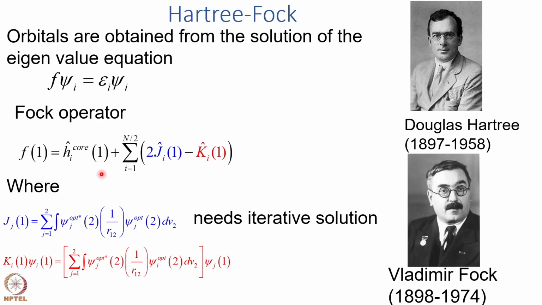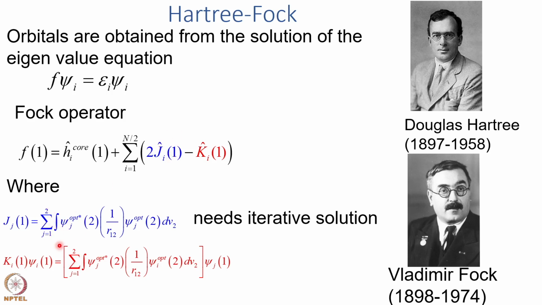Why is it a mean field picture? Hartree-Fock theory is often called a mean field theory. Here you see there is an integration over the coordinate of electron 2. I have written J for a 2 electron system, so the summation is over 2. In principle, I should correct it and put n here, because this is a general equation for an n electron system, and here I used n by 2.